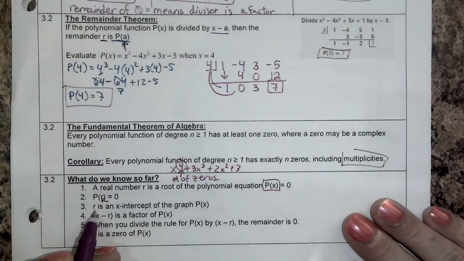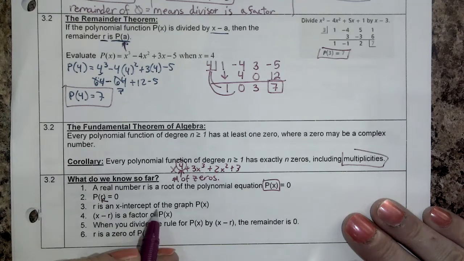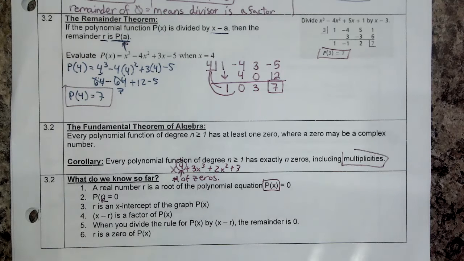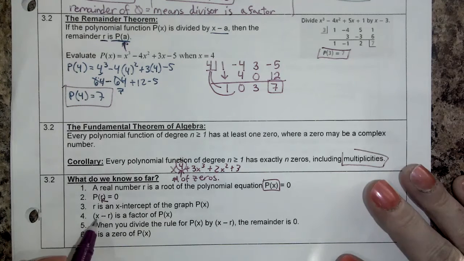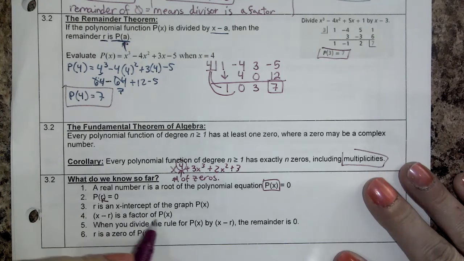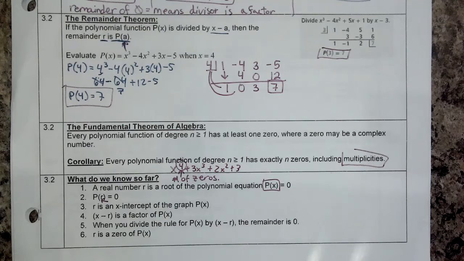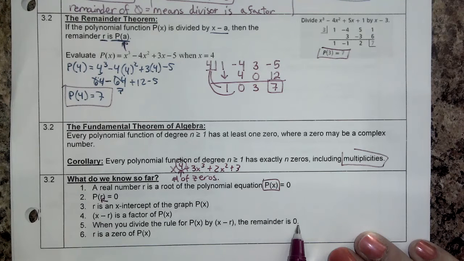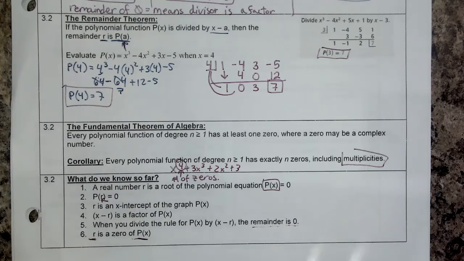We know that r is an x-intercept of the graph of p of x if our remainder is 0. We know that x minus r is a factor of p of x. We know that when you divide and it is a factor, then the remainder has to equal 0. And we know that r is a 0 of p of x.